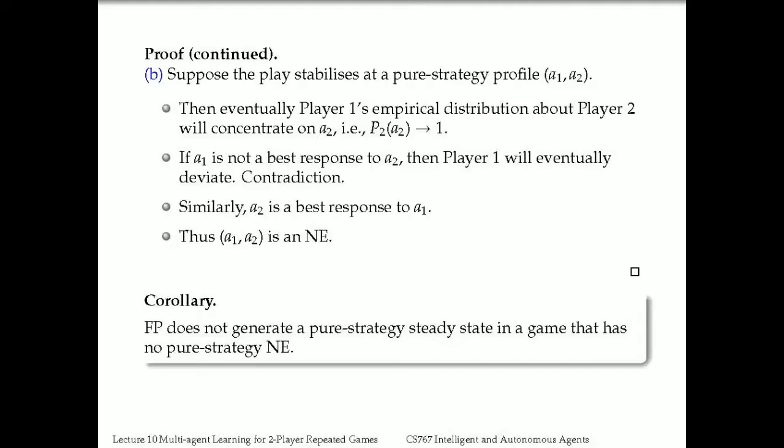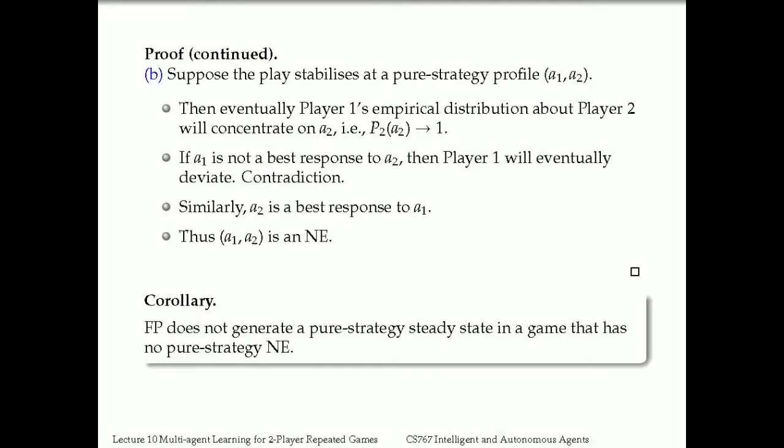So the probability that player 2 plays A2, from the point of view of player 1, will tend towards 1. But if A1 is not the best response to A2, then eventually player 1 would know what player 2 would do, which is just to play A2.